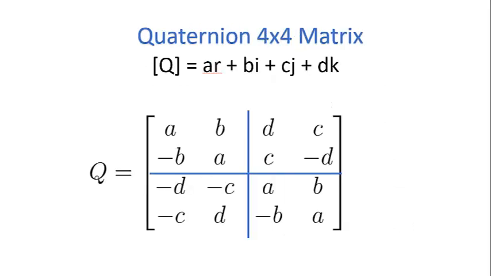In the next video, I'm going to show you how to use the quaternion 4x4 matrix. This can be used directly, just like I use complex numbers to generate the Mandelbrot set. With the complex numbers, I was generating a two-dimensional Mandelbrot set, but using this matrix directly, I can now generate the Mandelbrot set quite easily in 4 dimensions.